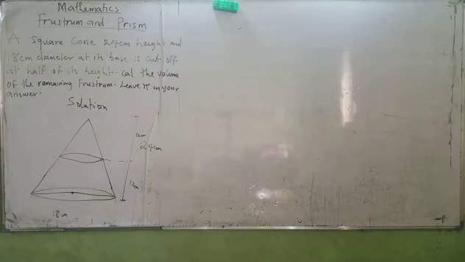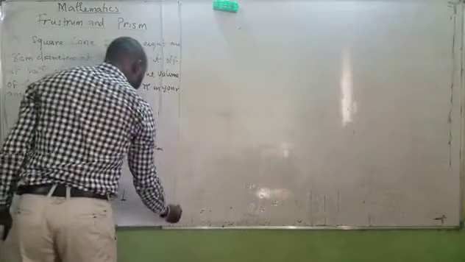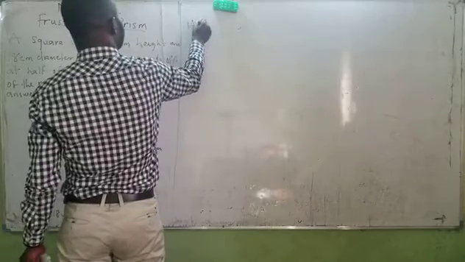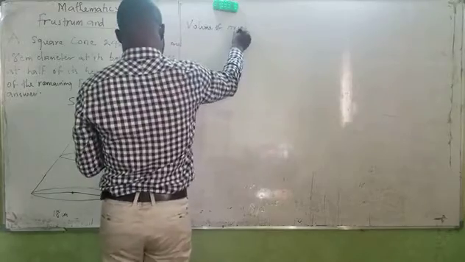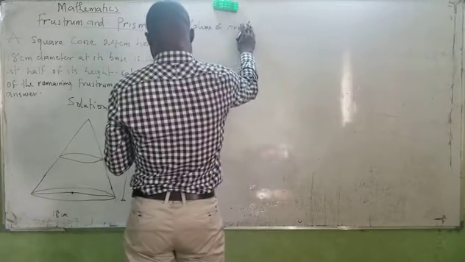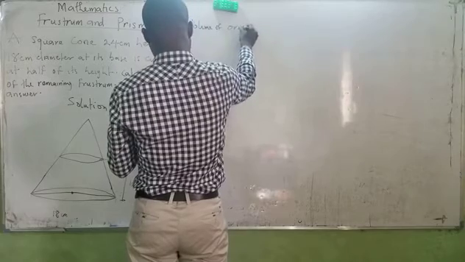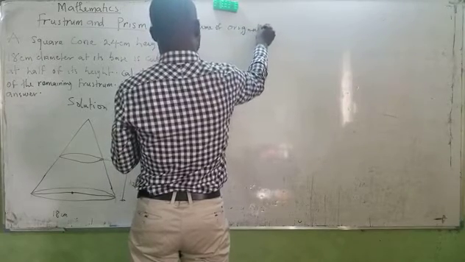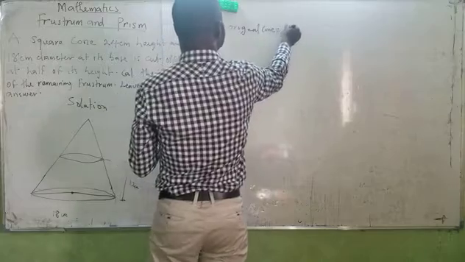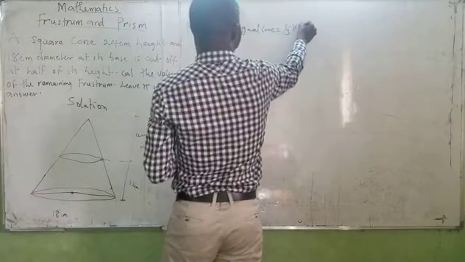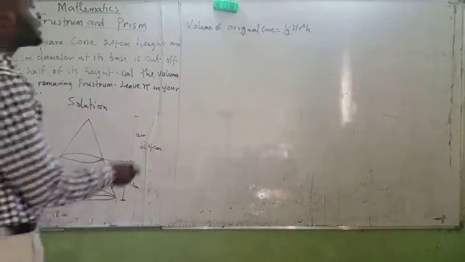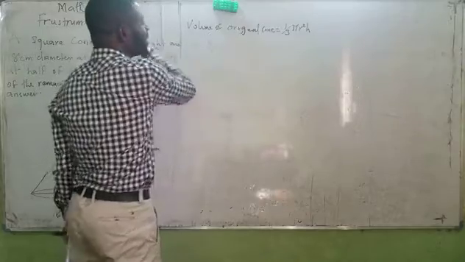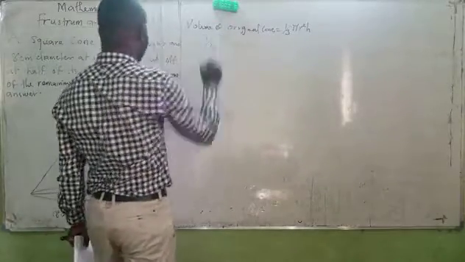Now, if I were you, I will first go for the volume of the original cone, which will be 1/3 pi r squared h. That is the volume of the cone. Now, I'll be having 1/3 pi, because you have to leave your answer in pi.